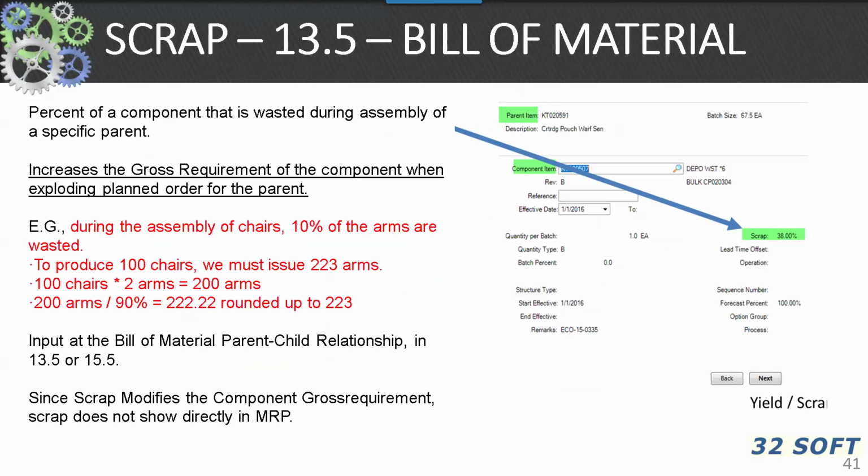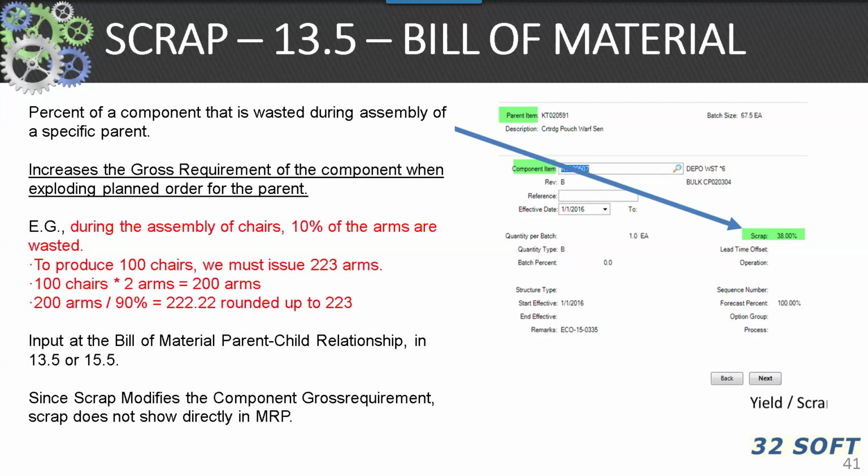Scrap, on the other hand, is calculated as a percentage of a component that is wasted during the assembly of the parent. This increases the gross requirement of the component when exploded for the planned order of the parent. That is, if you lose 10% of the arms are wasted, that means that you have to have an additional requirement, which rounds up to the 223.